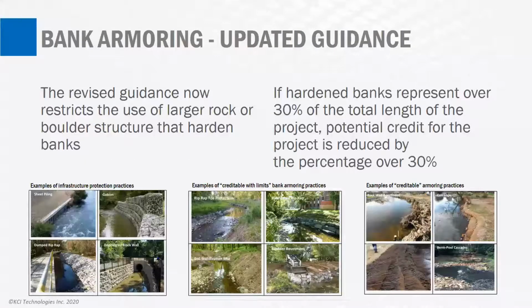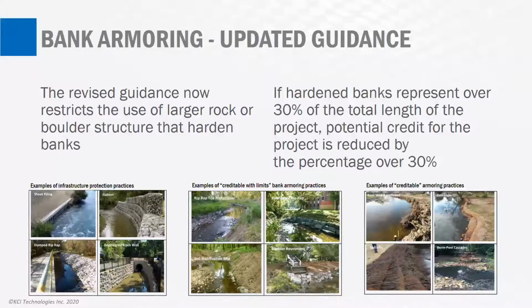Before going into the specifics of Protocol 1, it's important to mention the new designation of armoring practices. So rock used to stabilize infrastructure, such as retaining walls, is not creditable, and boulder or rock toe protection is allowable with full credit on up to 30% of the total restored banks, so the combined length of the right and left.